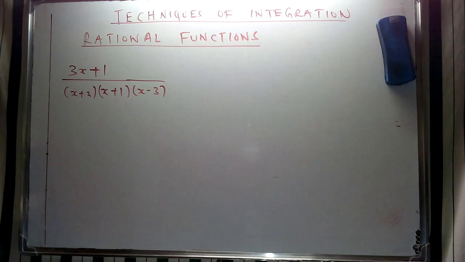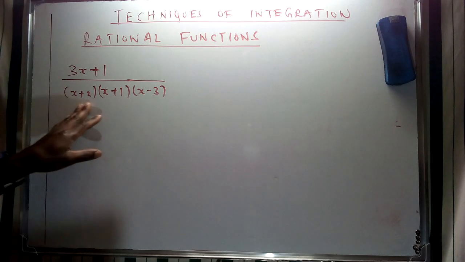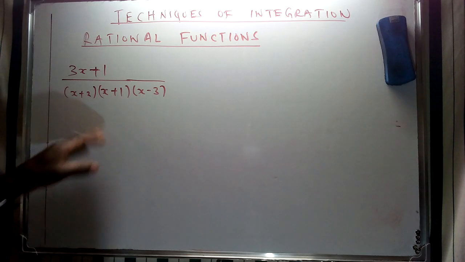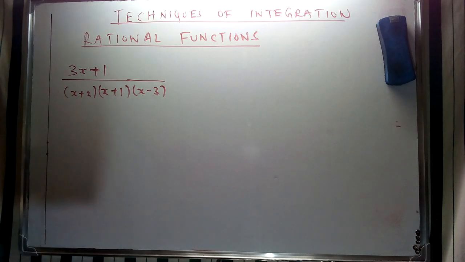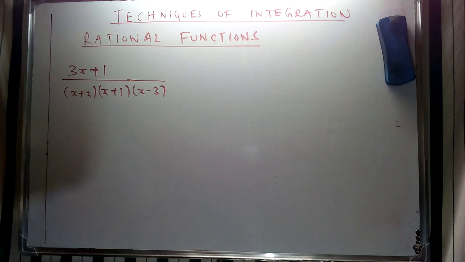Now, I've given one of the functions on the board, which is 3x plus 1 over this specific denominator that consists of a range of values which are in brackets. So in this case, we're going to have some specific steps that we are going to consider insofar as these partial fractions are concerned. And this is one of the parts of those partial fractions which basically appear in three categories.